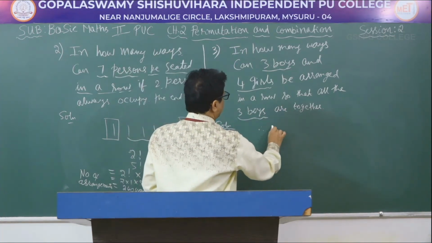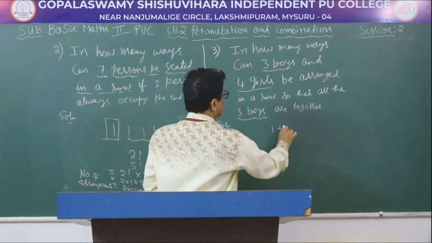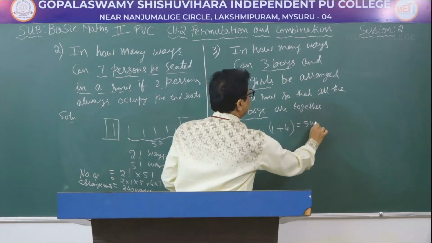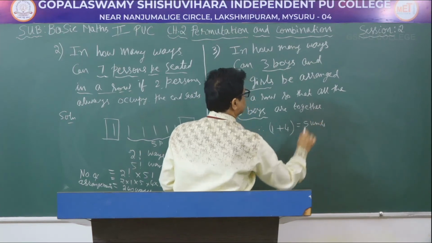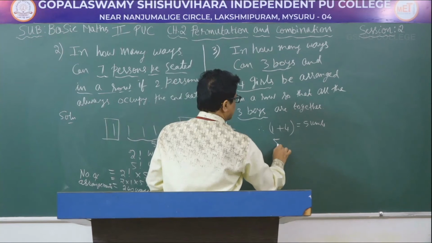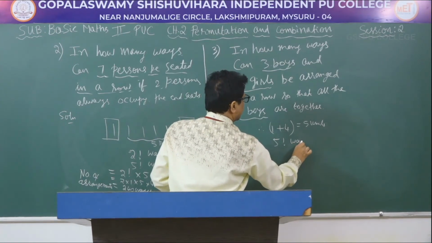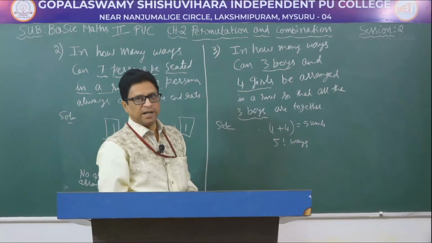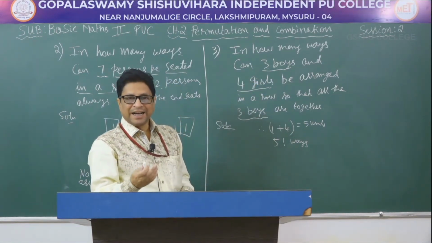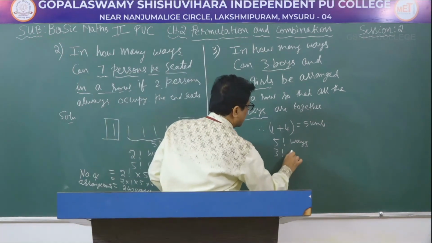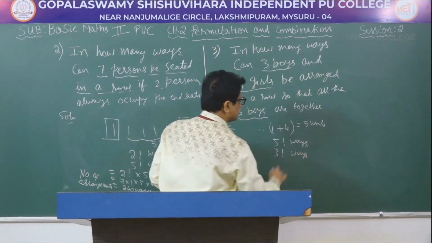Therefore, we have 1 unit of boys plus 4 units of girls. Total there will be 5 units. So this can be arranged in 5 factorial ways. For each of these, the 3 boys can be arranged among themselves in 3 factorial ways.